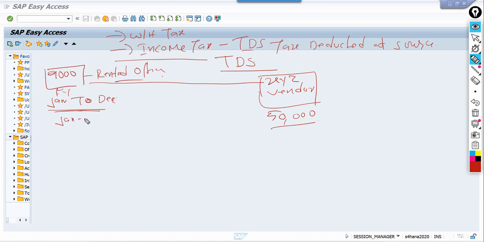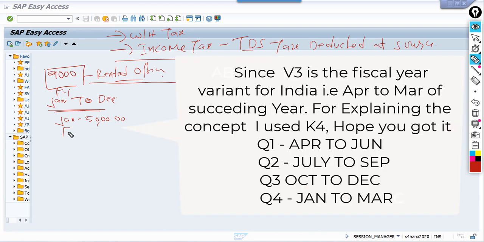For January month, 50,000. I am dividing this year into quarters, Q1, Q2, Q3, Q4. Feb, 50,000. March, 50,000. So this is called Q1, quarter 1.